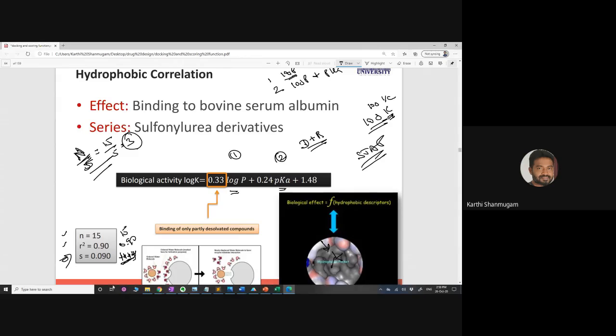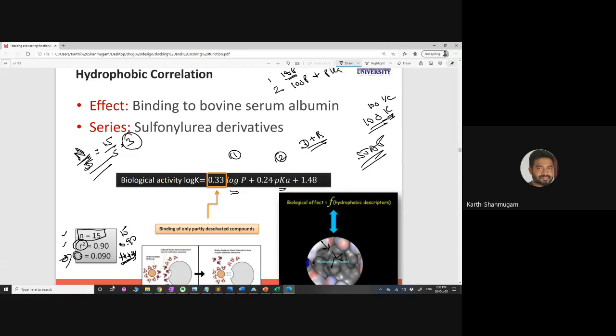So using n, we can apply the n by 5 rule to say whether the equation is good in terms of the number of descriptors used. Coming to r square, the value should be very close to 1. In this case 0.90 is very close to 1, so we can say the model is good in terms of statistics.